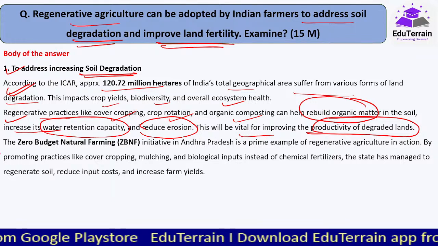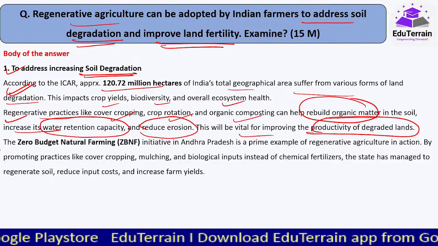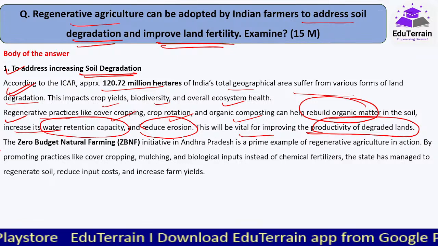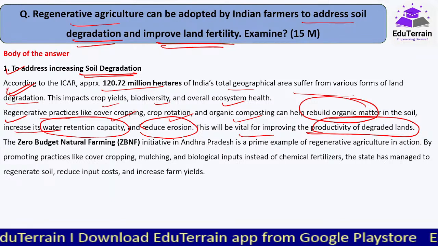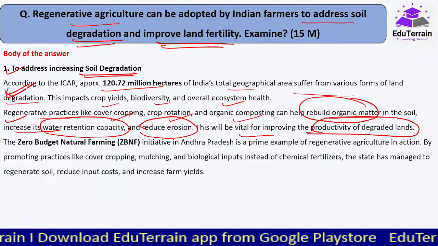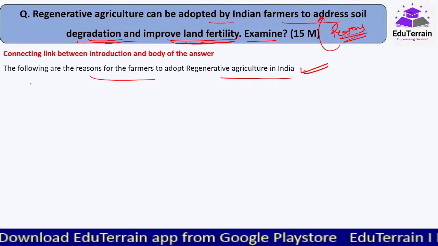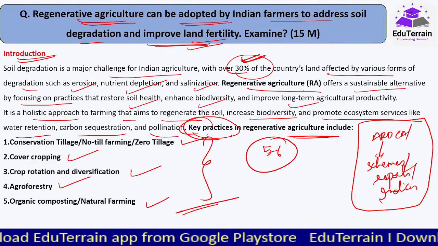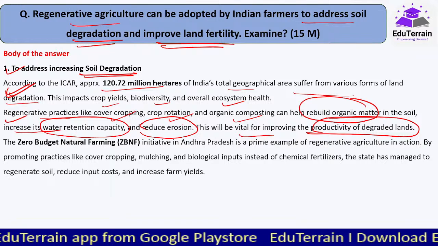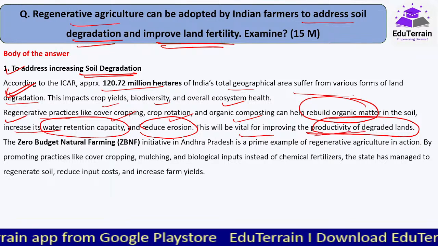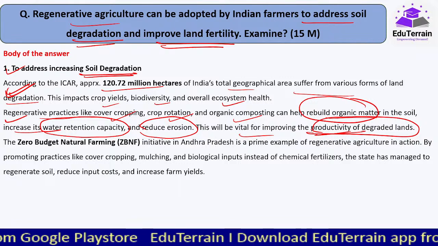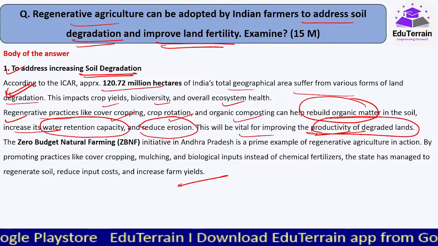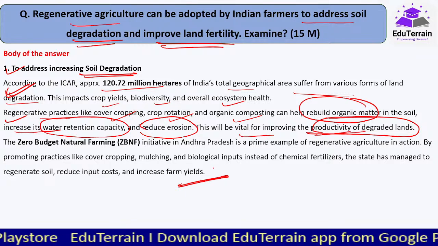Now example. Whenever you are trying to give answers for such questions, examine. So we have examined, a report has come saying it is like this, and whatever we showed earlier in the answer, these are the key practices of regenerative agriculture and that will help in increasing the productivity of degraded lands. Now in order to substantiate your answer, if you have examples, please provide that.